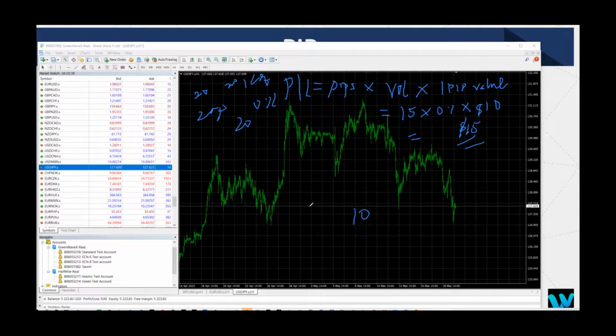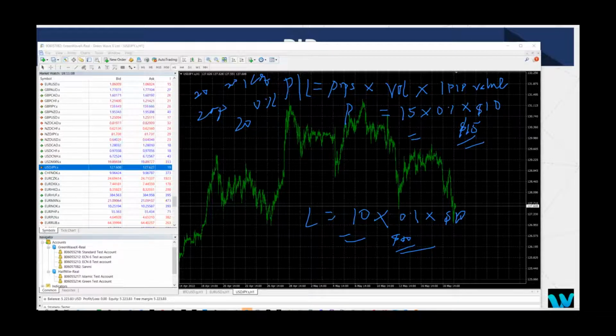How will my loss be calculated? It's going to be the number of pips that I lost, which is 10, multiplied by the volume of my trade, let's say 0.1, and then multiplied by the pip value, which is $10. That's going to be a $10 loss. So that's how it's calculated.